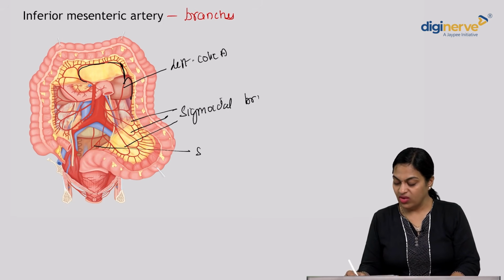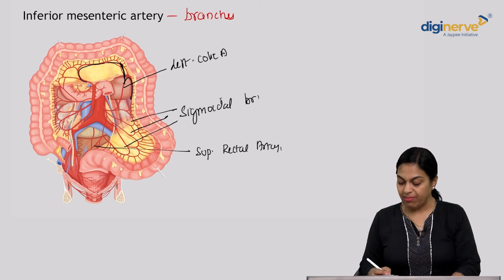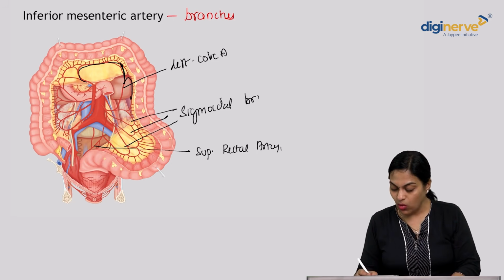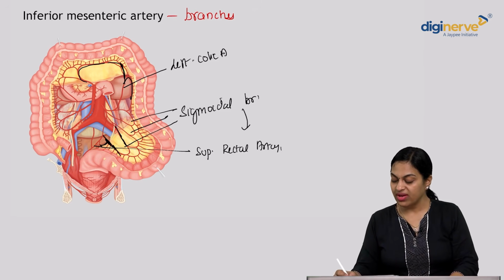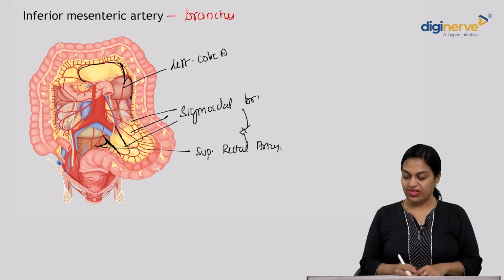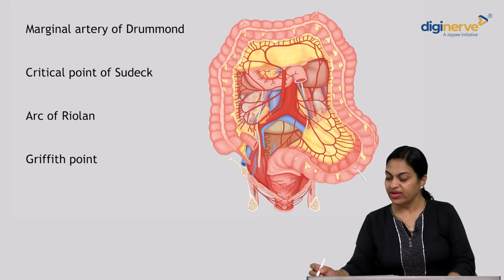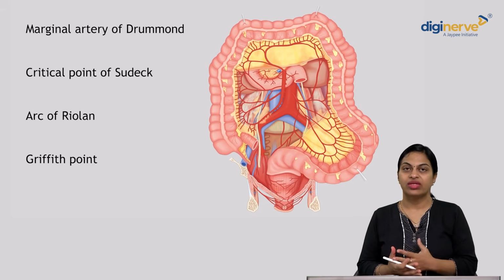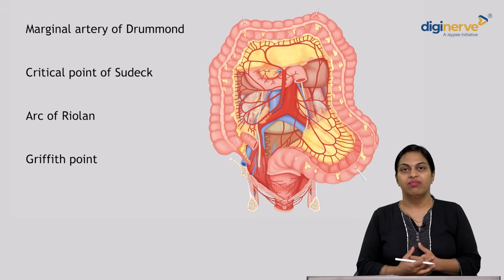This is the superior rectal artery. Usually the lowest sigmoidal artery will anastomose with the superior rectal artery to complete that anastomosis.